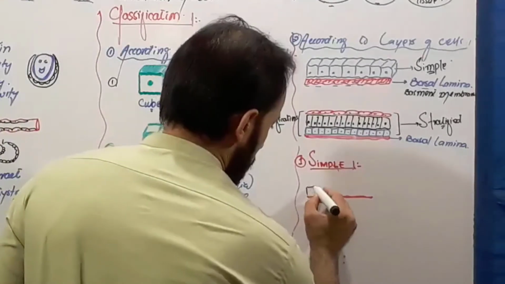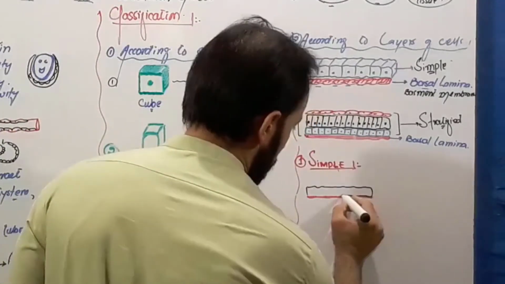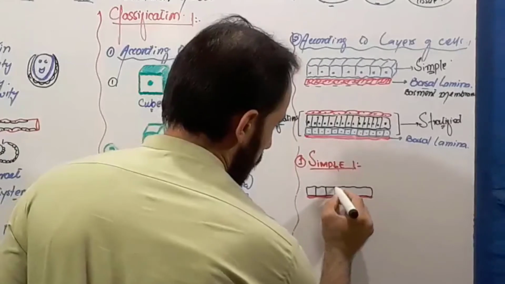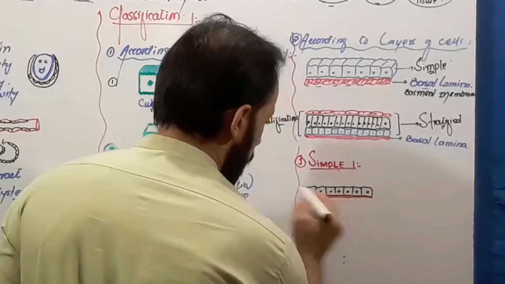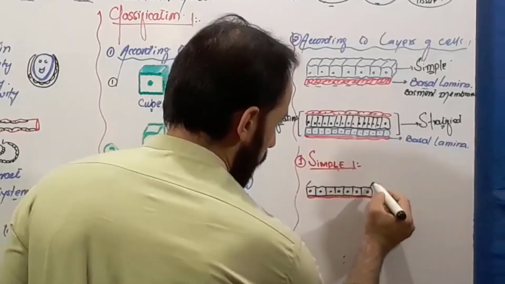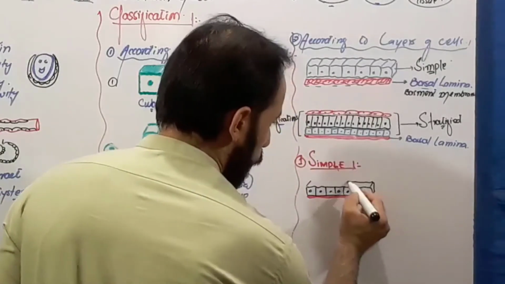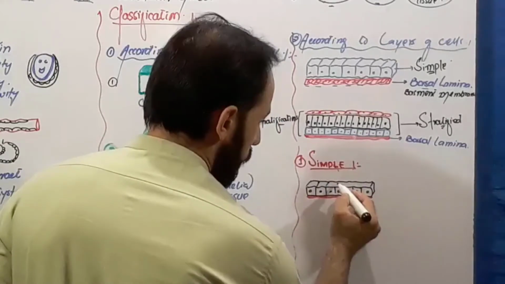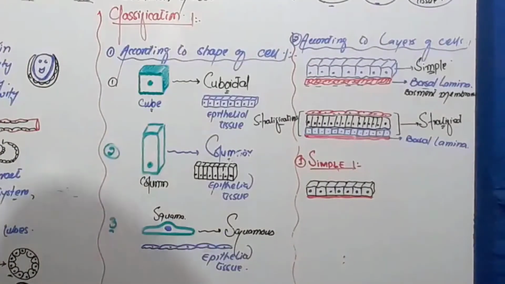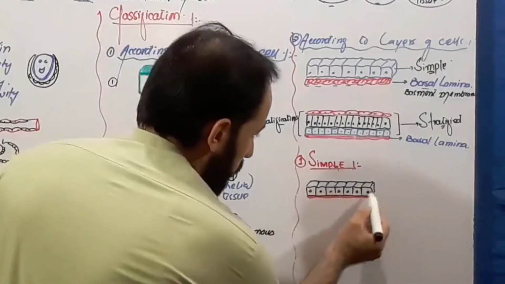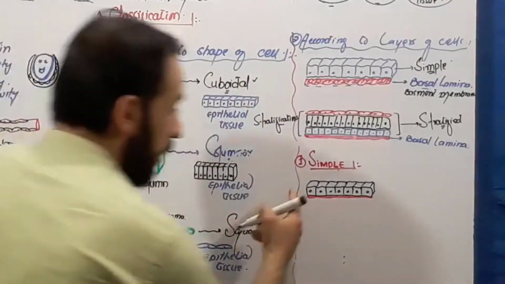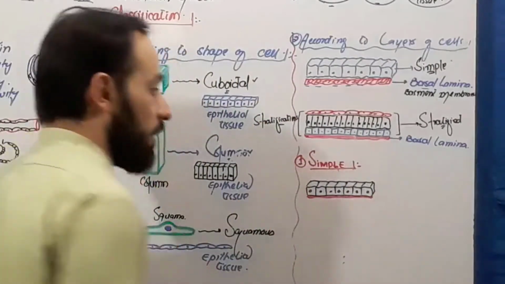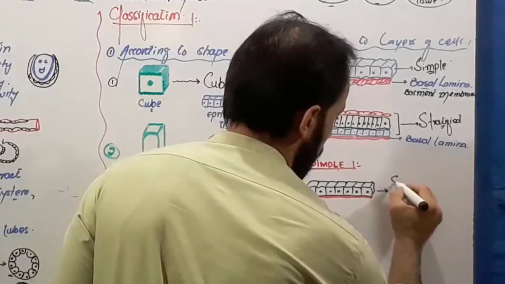There is a layer of the cells, and you know that if we are talking about the simple layer, we should know that there should be only one layer of the cells. Right. So look carefully. What is the shape of the cell? It is cuboidal. Right. And how many layers? Only one layer. That's why we call this tissue simple.